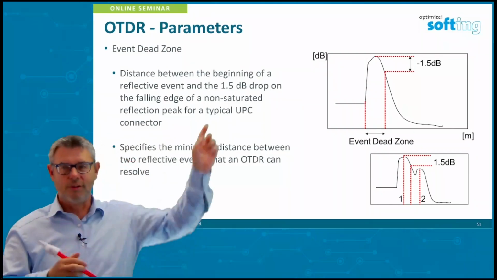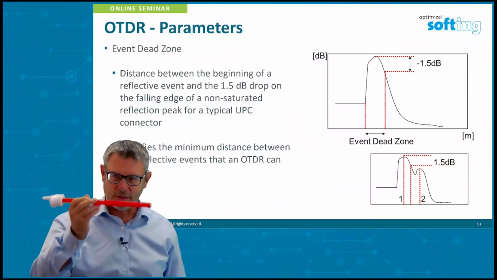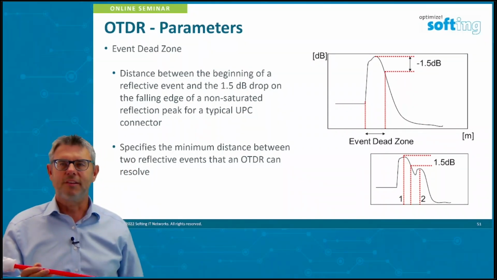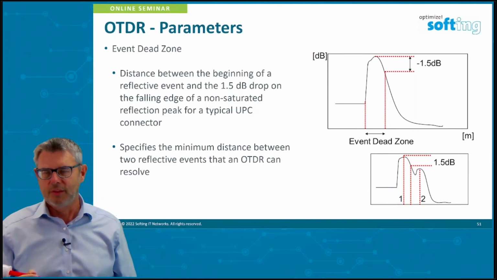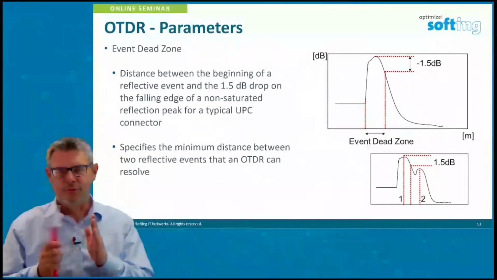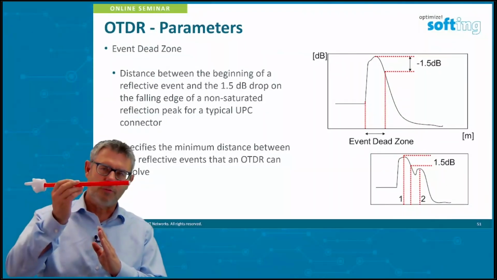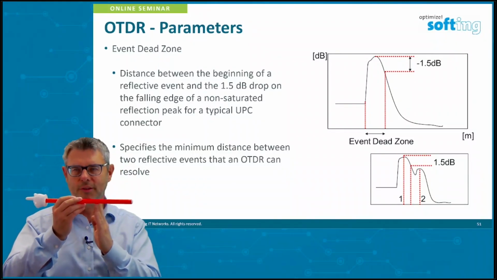This is why it shows this high amplitude here. It takes a certain while until the detector is empty again, or more empty, until the next reflection can be stored in the detector and analyzed. So if there are two events very close on the fiber optic link, and the first event causes a lot of reflection like a connector, the detector would be full and would not see the second event properly.